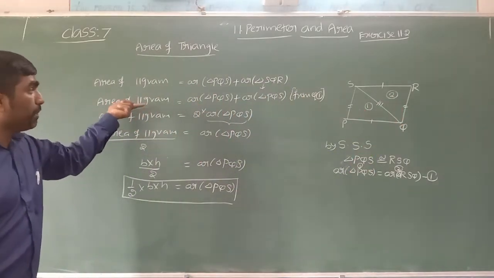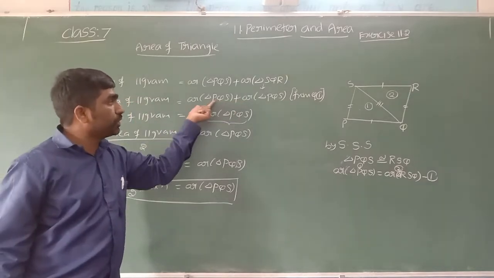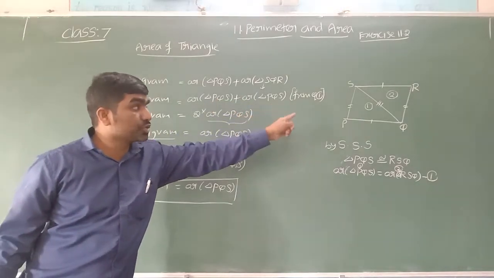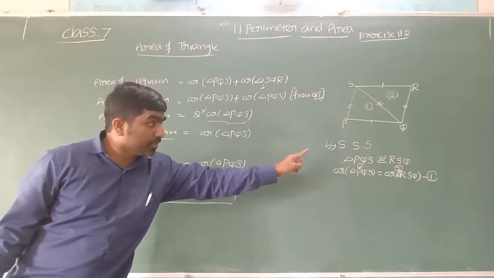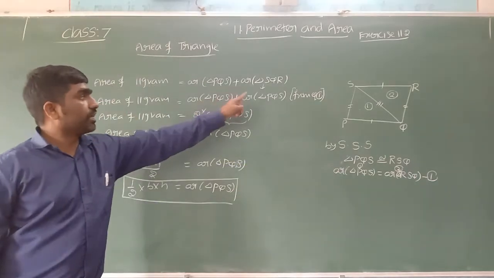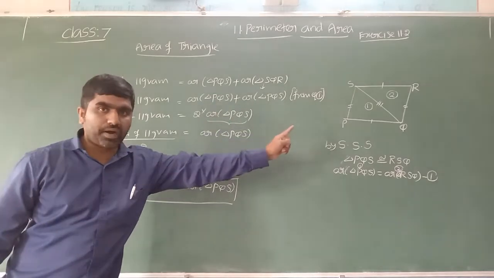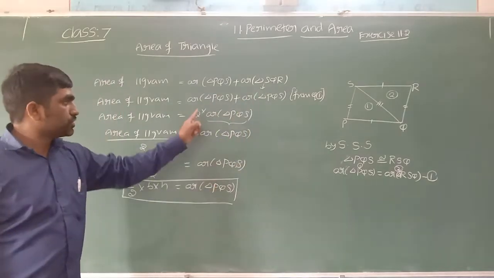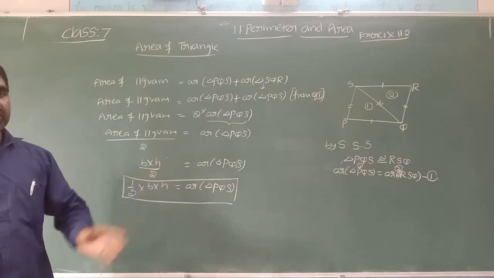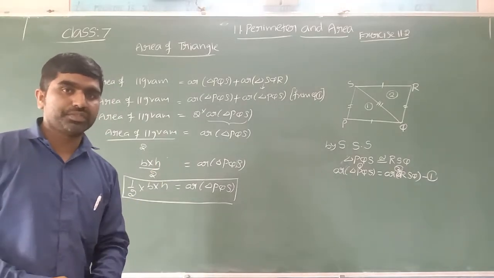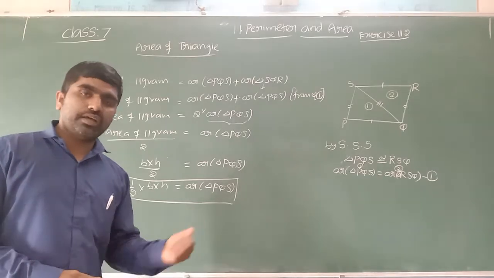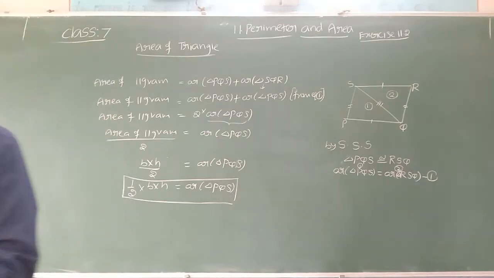It means area of parallelogram is equal to the sum of 2 triangles. As I said, those 2 triangles are congruent, so they must be equal in areas. So we can write 2 into area of one triangle. By transposing 2, we get the area of triangle, which is half into base into height. So based on this area of triangle, let's see some problem solving.